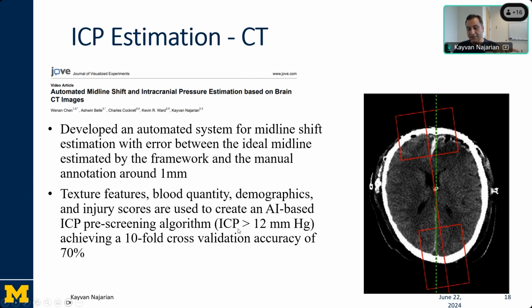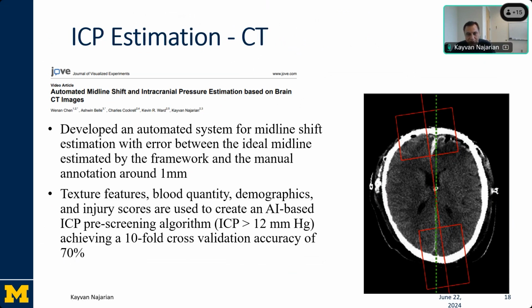In this study, we put the ICP elevation at above 12 millimeters of mercury. In other studies, we went for 15 or whatever. Whenever physicians change that threshold, we have to retrain the algorithm. So it shows that with a relatively high percentage, it will estimate whether the ICP is elevated or not.